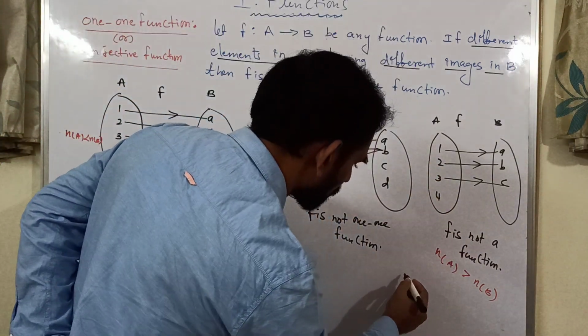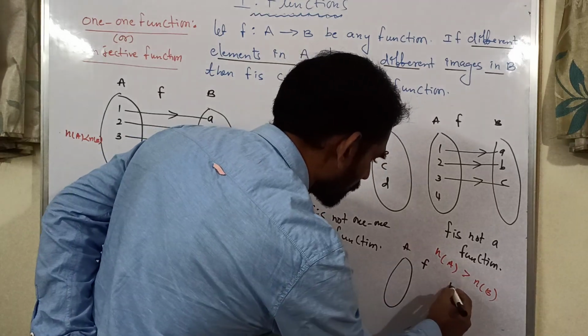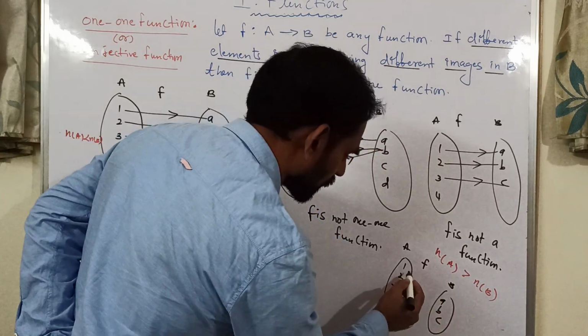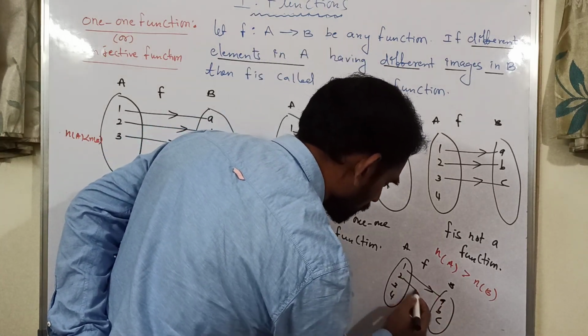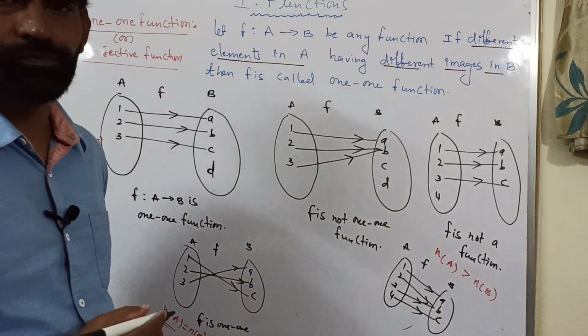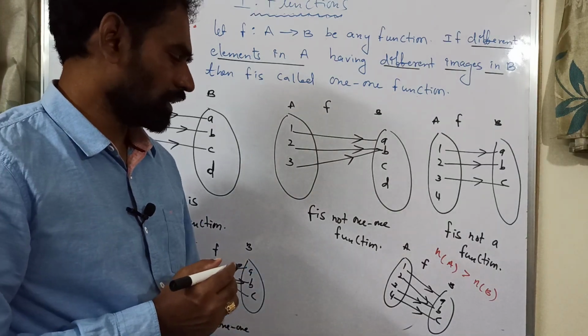Number of A greater than number of B case, I am taking one more diagram. f from A to B, 1, 2, 3, 4 and a, b, c. For example, I am drawing like this: 1 to a, 2 to b, 3 to c, 3 to b, 4 to c. Is it one-one or not? Easily you can say, is it a function?